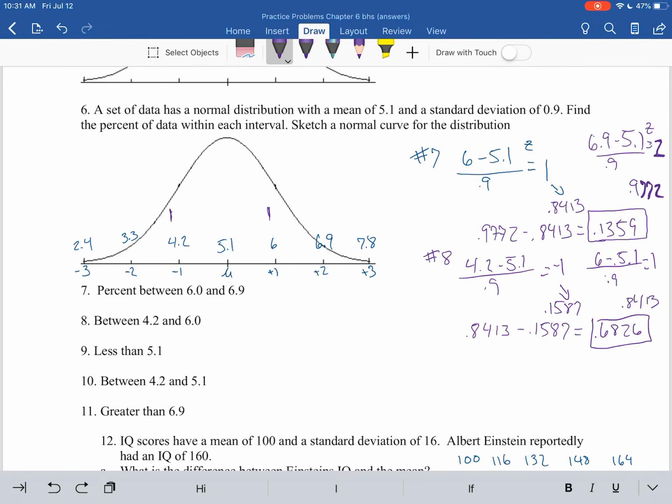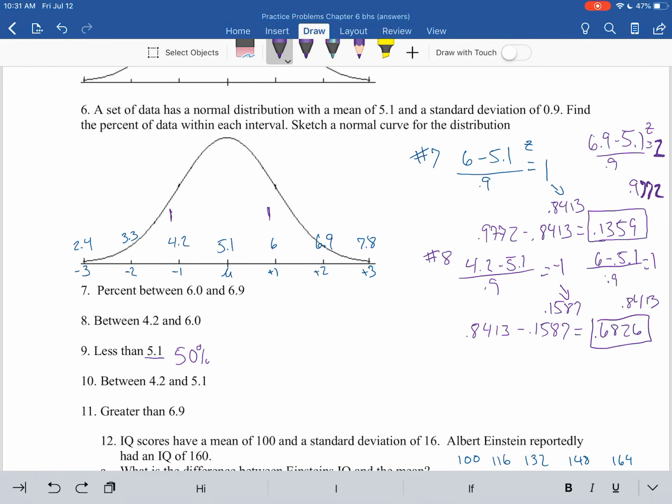Now we're going to be looking at number 9, which is what is less than 5.1. So with this one, if we look at less than 5.1, we want everything there to the left. Well, if we know it's right on the mean itself, we know it's going to be 50%.